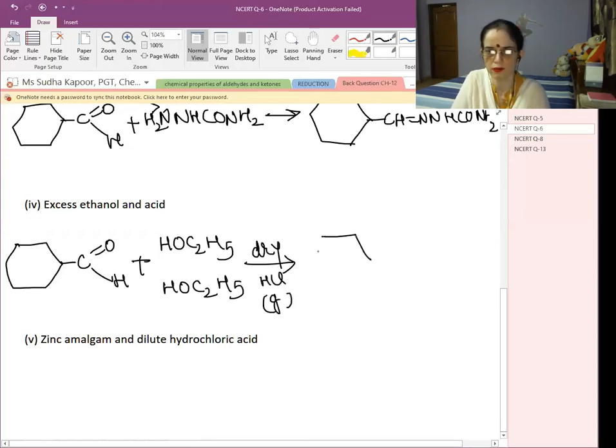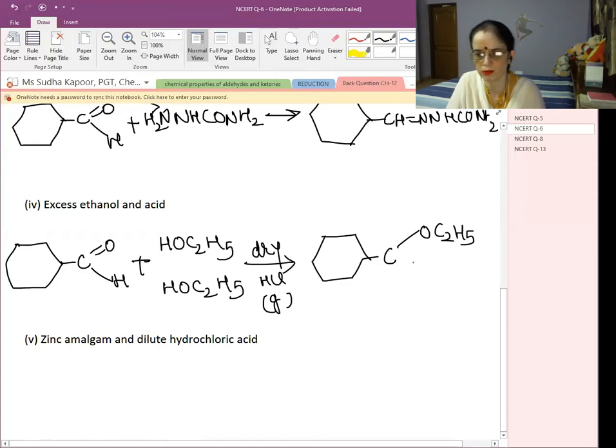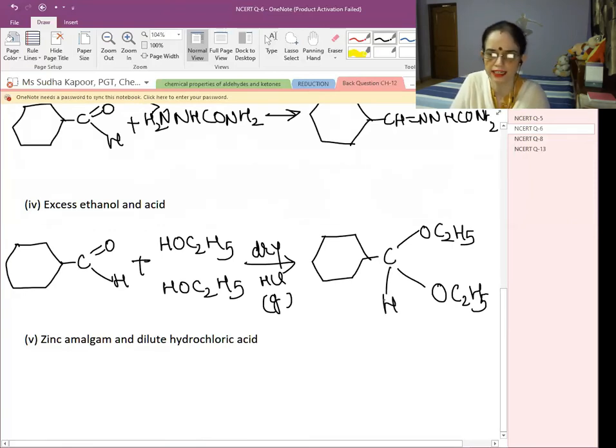Then what the product we will be getting is OC2H5. On the other side also we will be getting the OC2H5 and H. So in case of aldehyde, they are known as acetal, and in case of ketones, we usually give them the name as ketal.